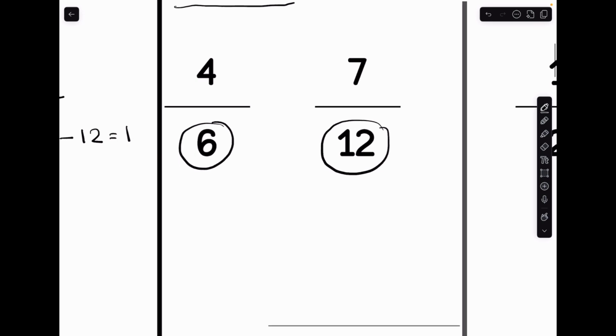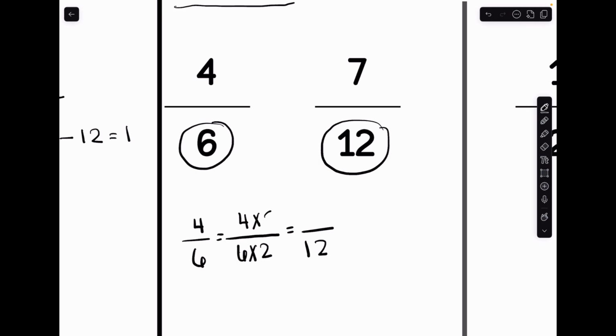If I was to multiply 6 by 2, I get 12. And the kiddos know what I do to the top, I must do to the bottom. So if I'm doing 6 times 2 to get to 12, then I'm also going to do 4 times 2 to get to 8. So now we know that 4/6 is equivalent to 8/12.